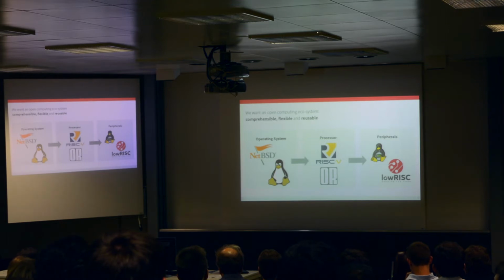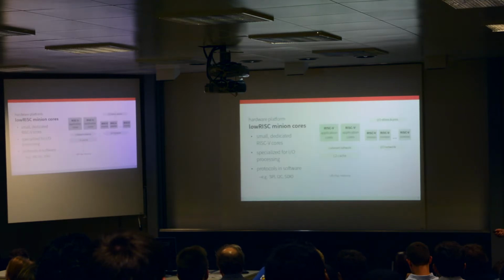But what we want to do in this project is take some operating systems code and use it for devices. The hardware platform this project is based on are those Minion cores, which Alex mentioned already earlier today.